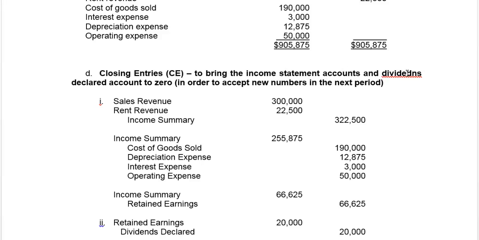So all we're saying is, look, if we need to collect income figures for the next year, 2017, I don't want to have old income figures in there. So I don't want my old profit in there.